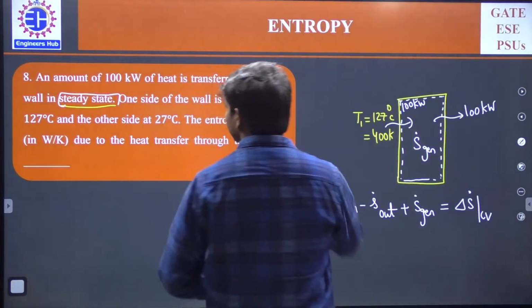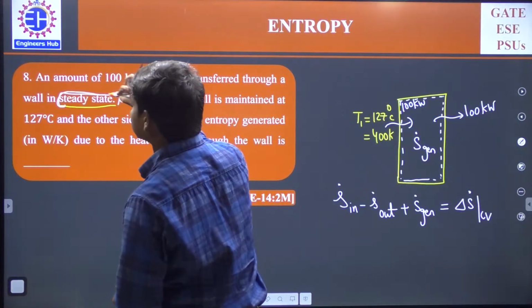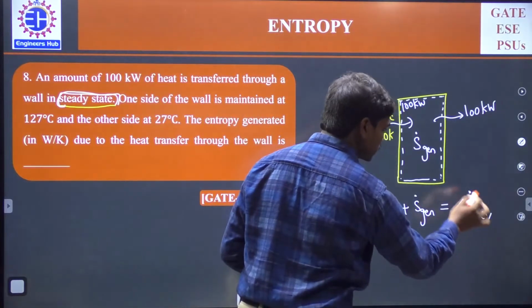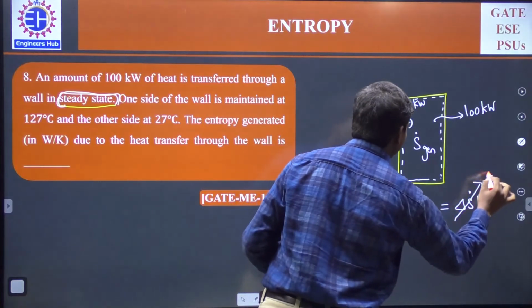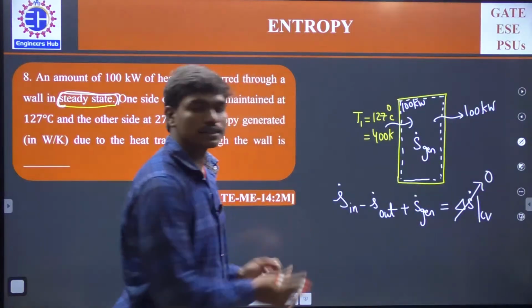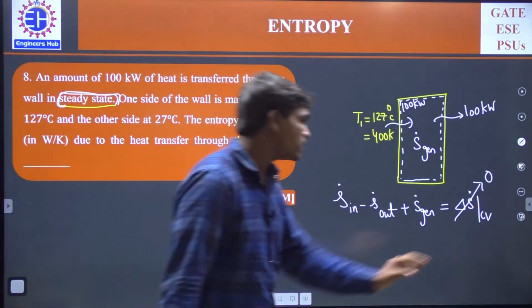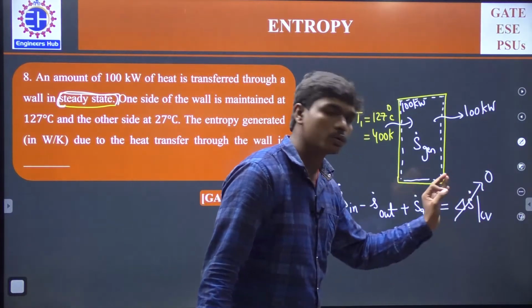If this wall is at steady state, will there be any change in its properties? No, which means the change in entropy of the control volume is 0. Did you all understand why I have equated this delta S of the control volume to be 0?